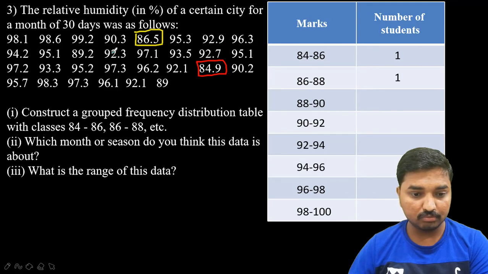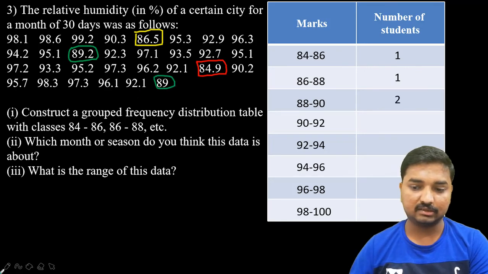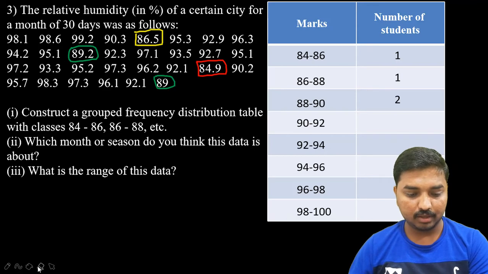Here there are no numbers. 89.2, so definitely this will be included. 88 to 90 actually, and 89 can be included, so I think only two numbers fall in this class interval. Yes, definitely.